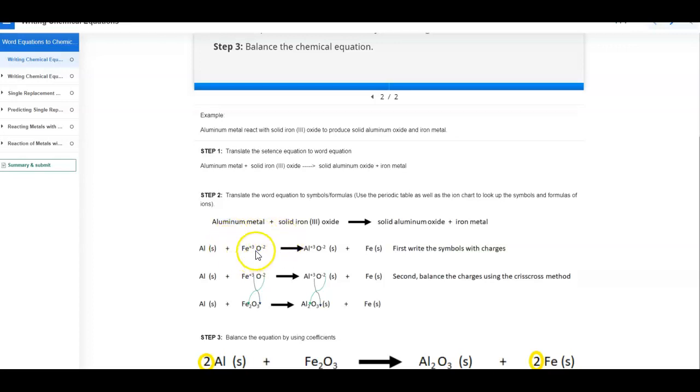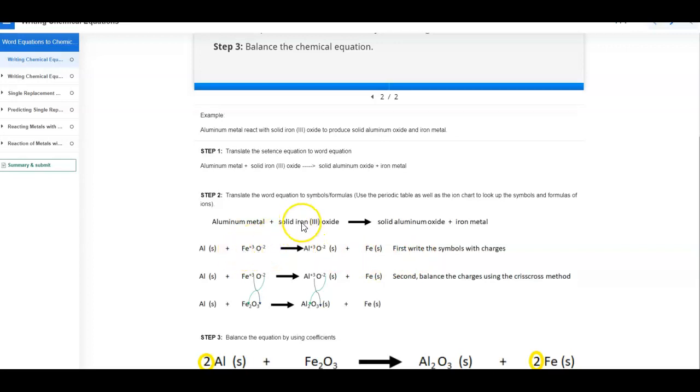So I encourage you to do this first. If you don't have to do that step, you can go straight to this step right here. But if you're having problems writing the correct or complete formula, you can go through these 2 steps.